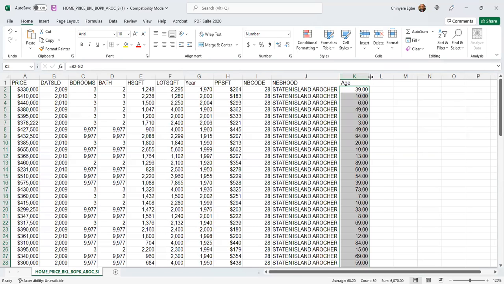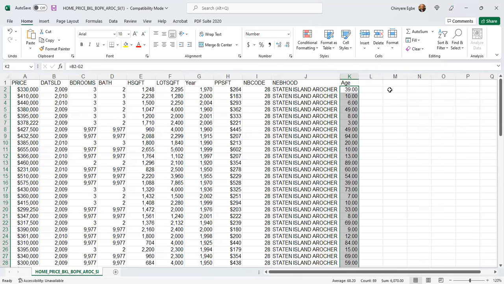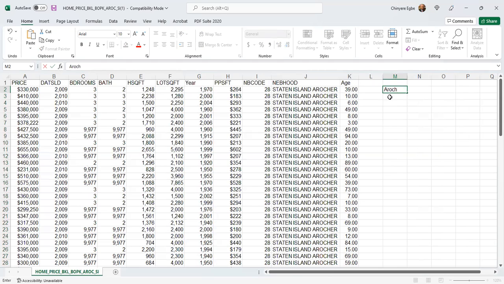And we have two neighborhoods. Okay, the two neighborhoods are Rocher and Borough Park. And so you have age. So average age.